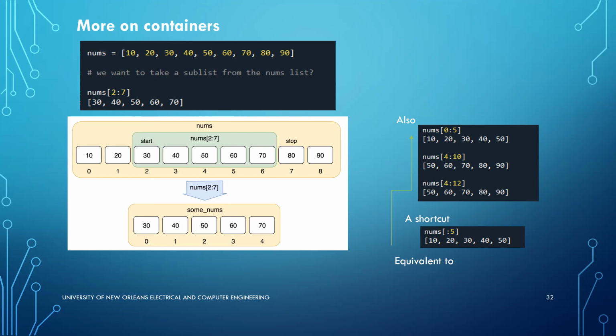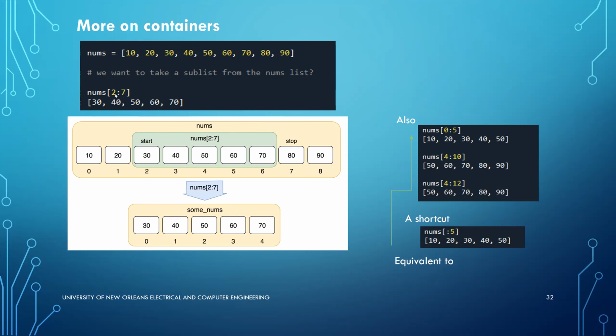Well, one way, if you look at this notation here, is nums in brackets 2 colon 7. This means that we have a starting index of 2 and a stop index of 7. The increment is not indicated, so the increment will be 1. So we're going to go 1 at a time.